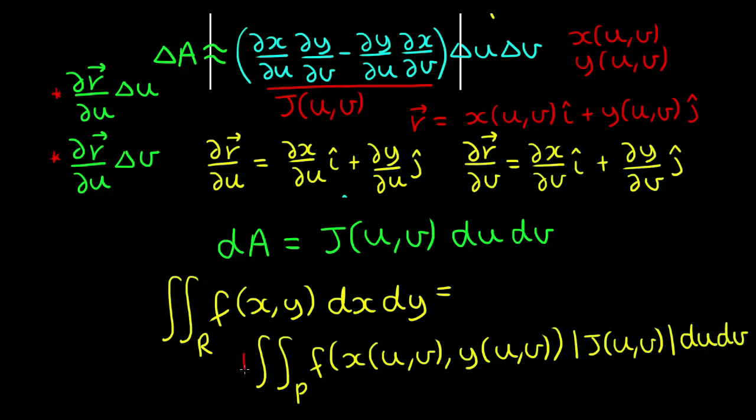So essentially we can evaluate this simpler integral over the region in a uv plane, rather than evaluate a more complicated integral over the region in the xy plane by using a coordinate transformation. So this can only be done if the transformation from uv space to the xy plane is 1-to-1.